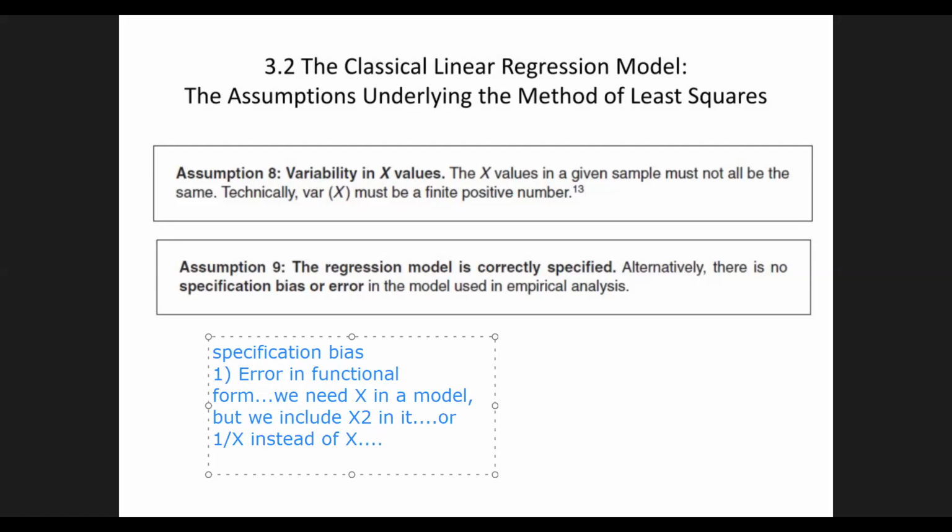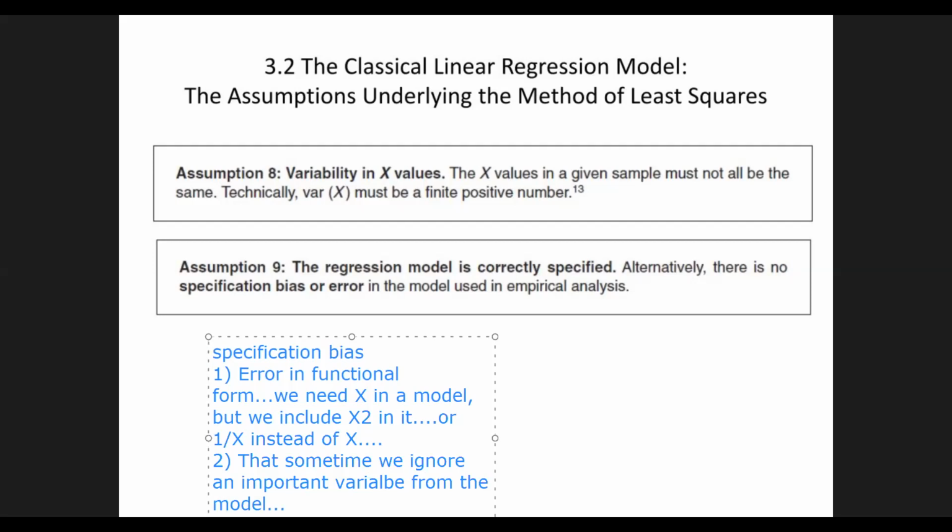So these are all errors in functional form. Another form of specification bias is that sometimes we ignore an important variable from the model. So this is again specification bias.